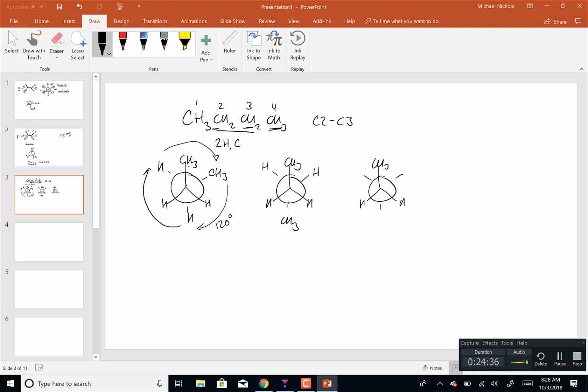And now I'm going to do that one more time. I take the methyl group, rotate it up there, then the hydrogen here and the hydrogen there. So I'm making one more 120-degree rotation. And now I've generated all three of the staggered conformations.